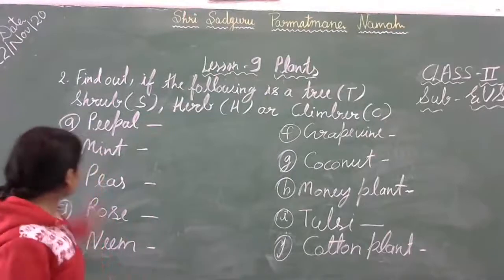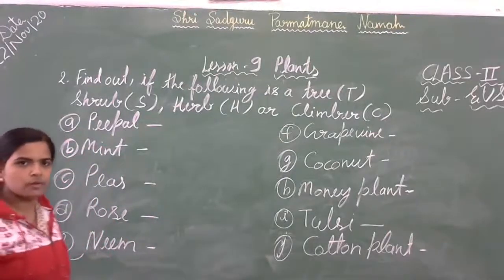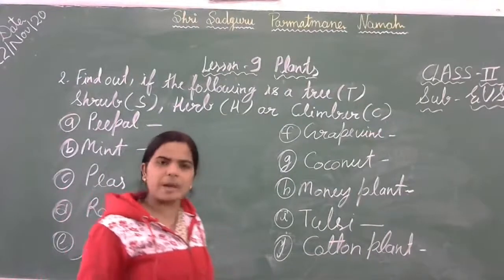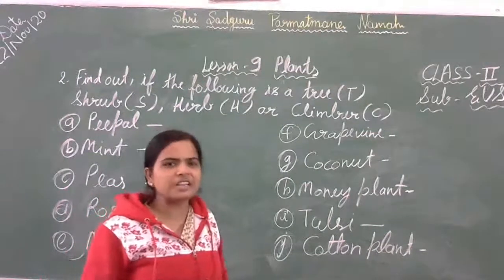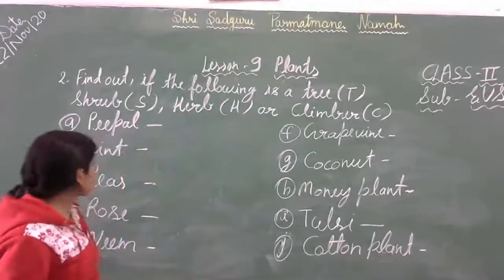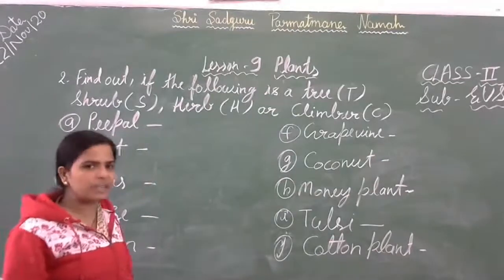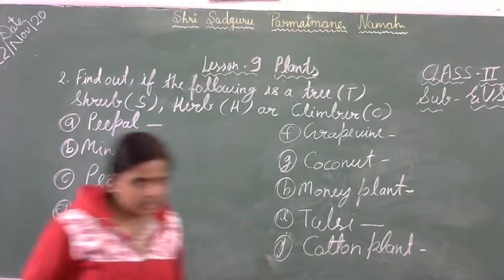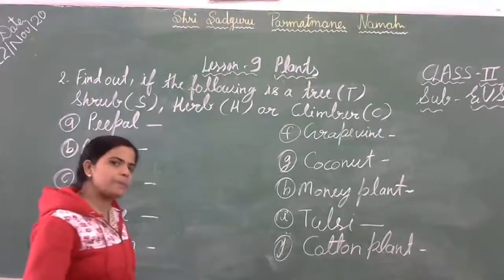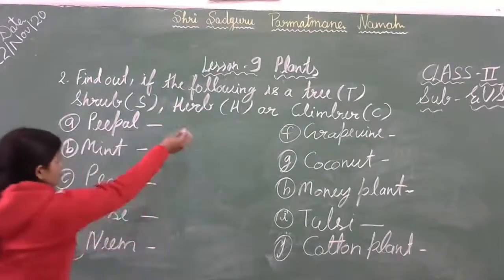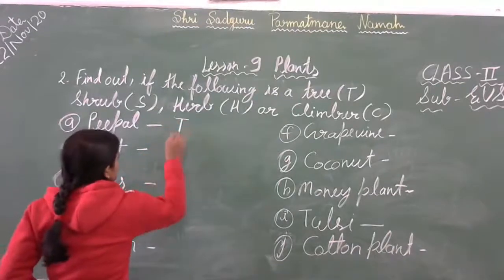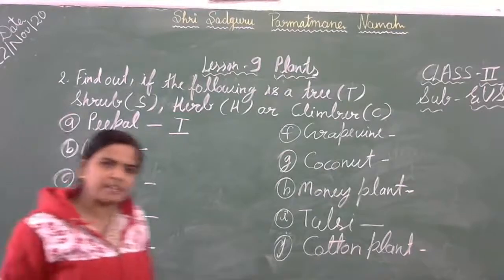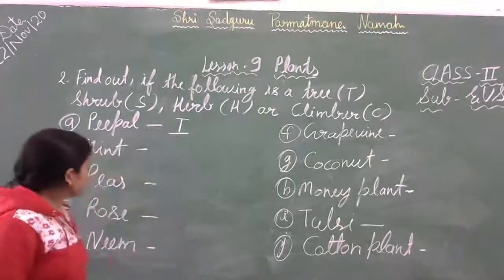First is peepal. Peepal is an example of tree because peepal is a big plant. So we write here T.